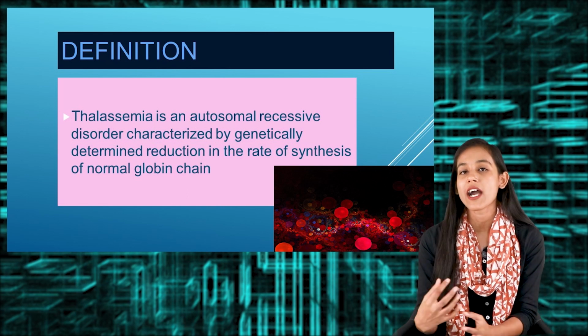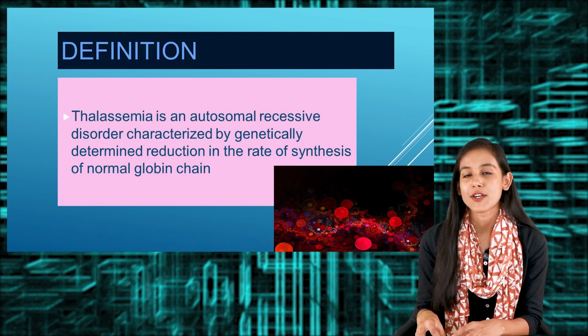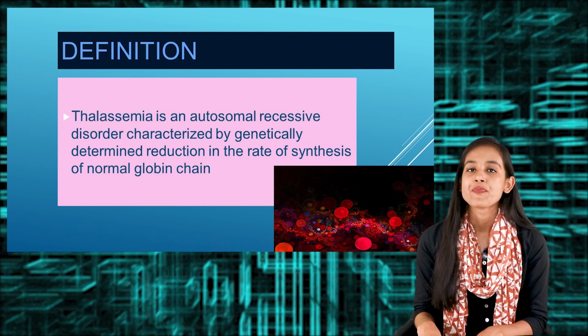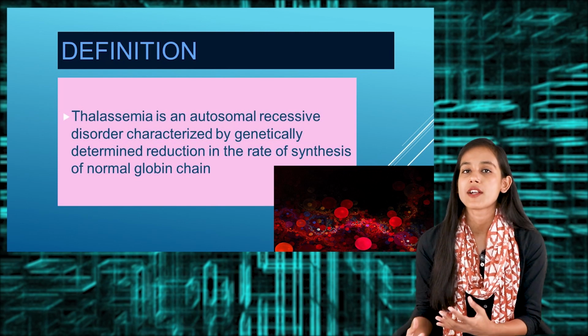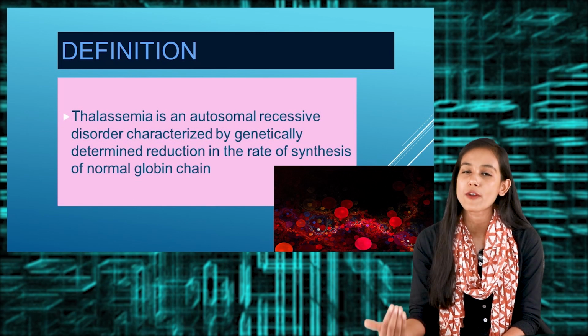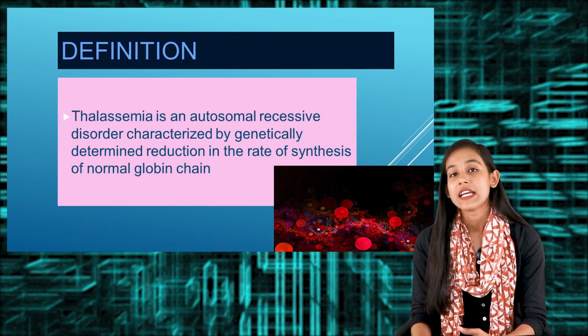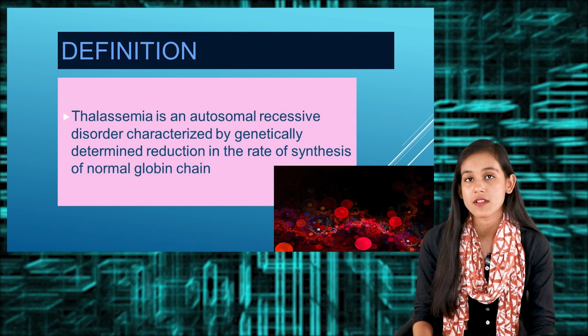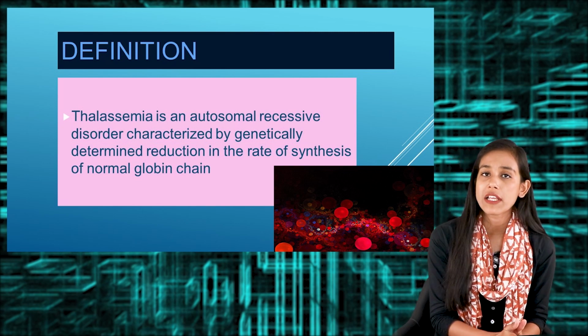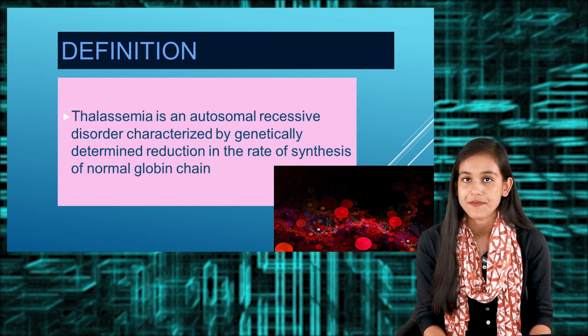So you can understand how important it is for the globin chains to form properly. If these globin chains are not getting formed properly, then the hemoglobins won't form properly, and the formation of the hemoglobin would also get affected.